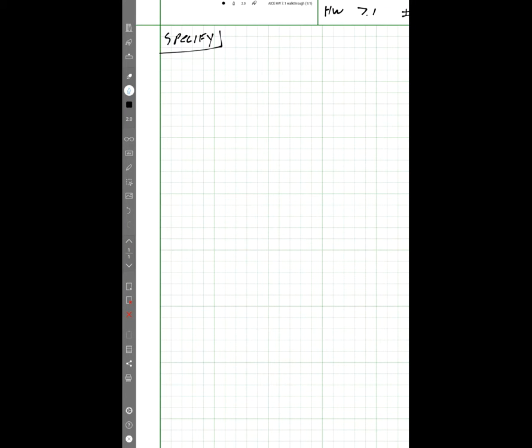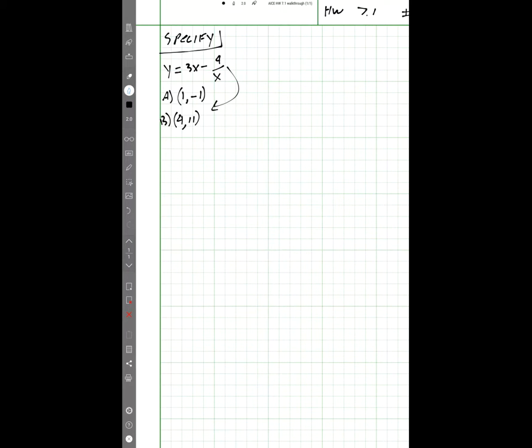We are working on homework 7.1, so this is differentiation. And we're looking at the first problem on the homework, which is number 12. So we start with a curve, and we've got points A and B. The curve passes through those points.